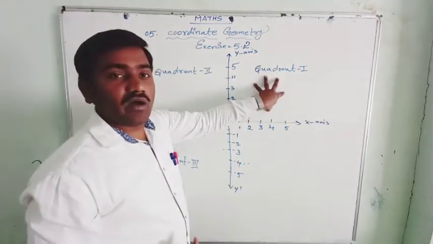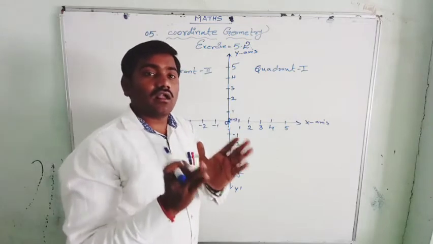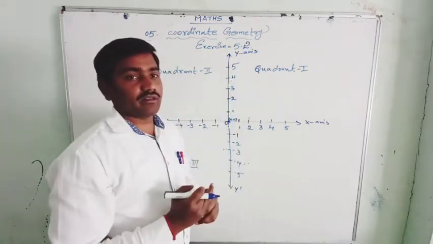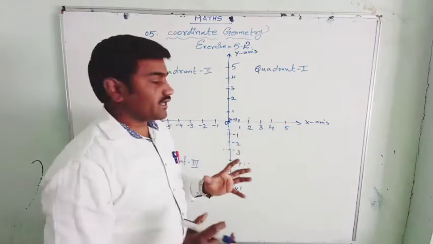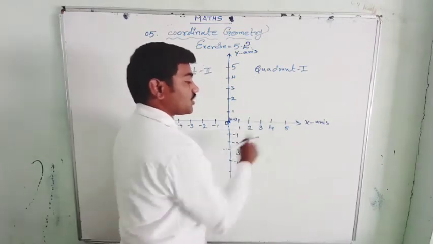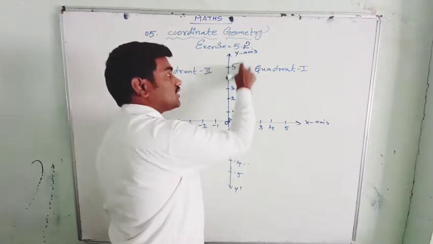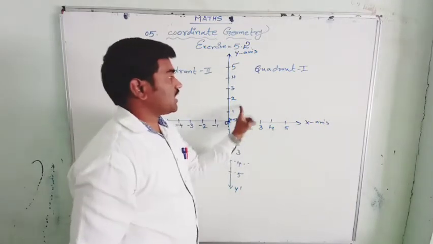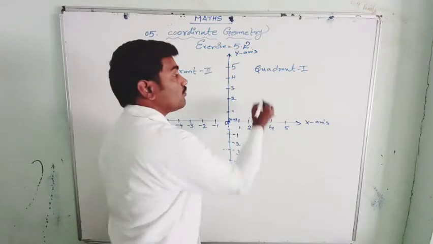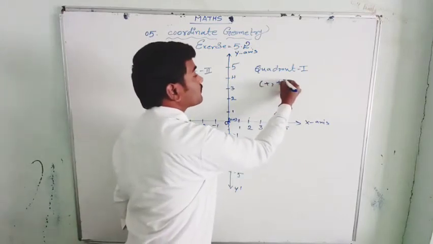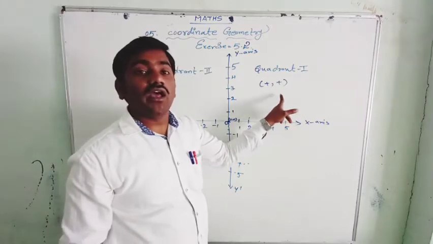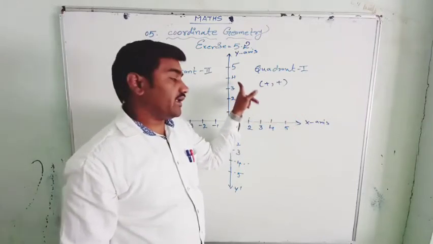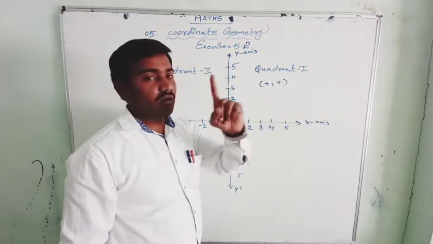In quadrant number 1, which kind of points lie? The x-axis values are positive, and the y-axis values are also positive. So both are positive numbers. If the x value is positive and the y value is also positive, then the point lies in quadrant number 1.